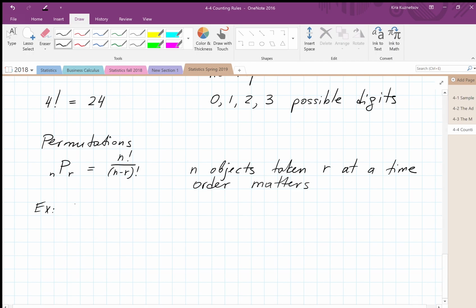I'm going to read the problem 4-44 one more time. A radio talk show host can select 3 of 6 special guests for her program. So what we have is 6 guests. We're selecting 3 of them.